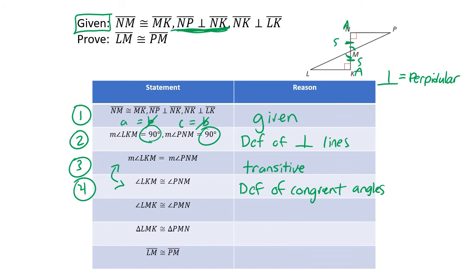Well, they're opposite angles of intersecting lines. So, given our definitions that we've learned this year, we know that opposite angles of intersecting lines are always congruent because of the vertical angles theorem. So our reasoning on slide 5, or step 5, would be the vertical angles theorem. And then if we look, we've just proven another angle.